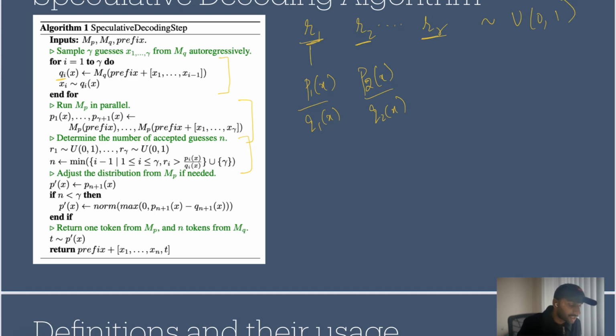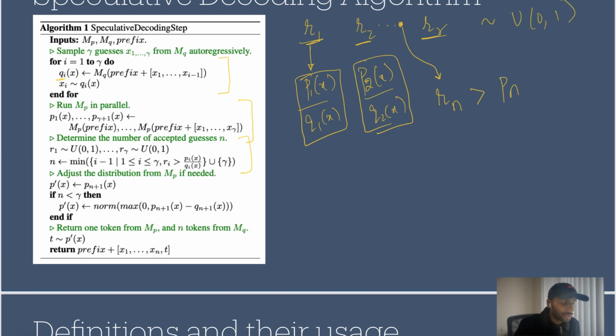And at each time step, you're going to compare the value of that particular random variable after you perform that experiment with this particular ratio here. Okay. And you keep doing that until at some location here, you have the first occurrence of the sampled value actually being greater than the probability distribution here, right?